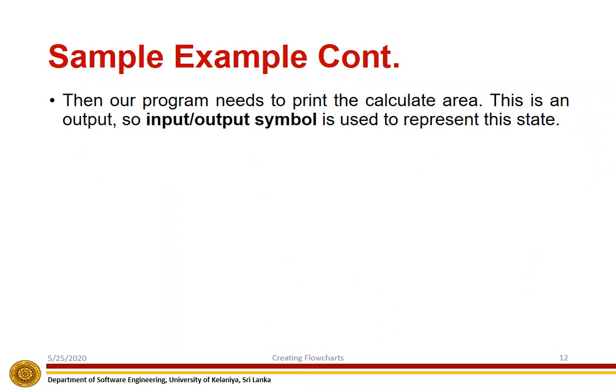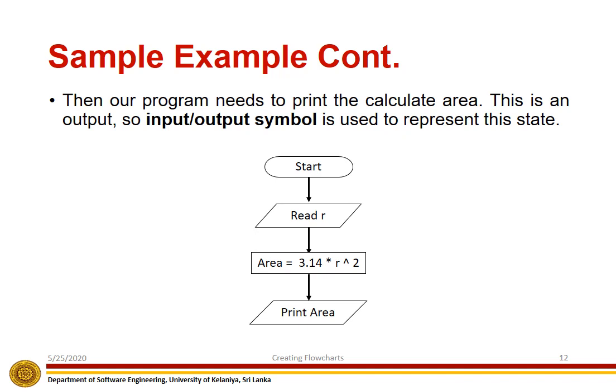Then after that, our program needs to print the area that we have calculated. So this is the output. We need to use the input output symbol to represent that. Again we are using an arrow downward from the process symbol to the input output symbol, and inside the parallelogram we need to write print area for displaying the output.